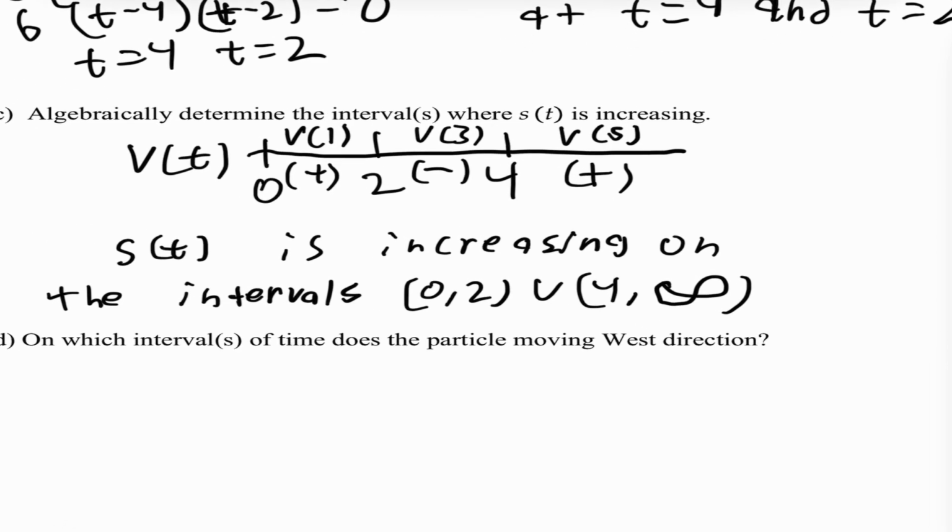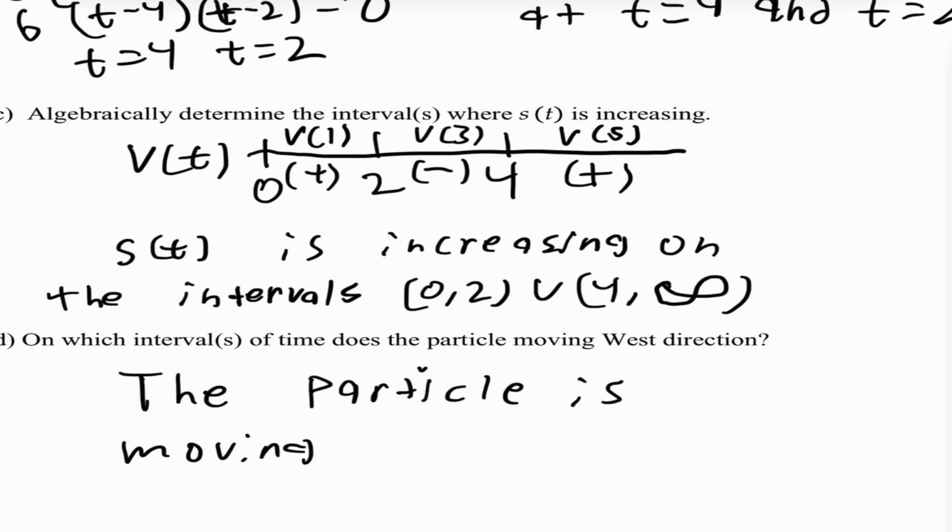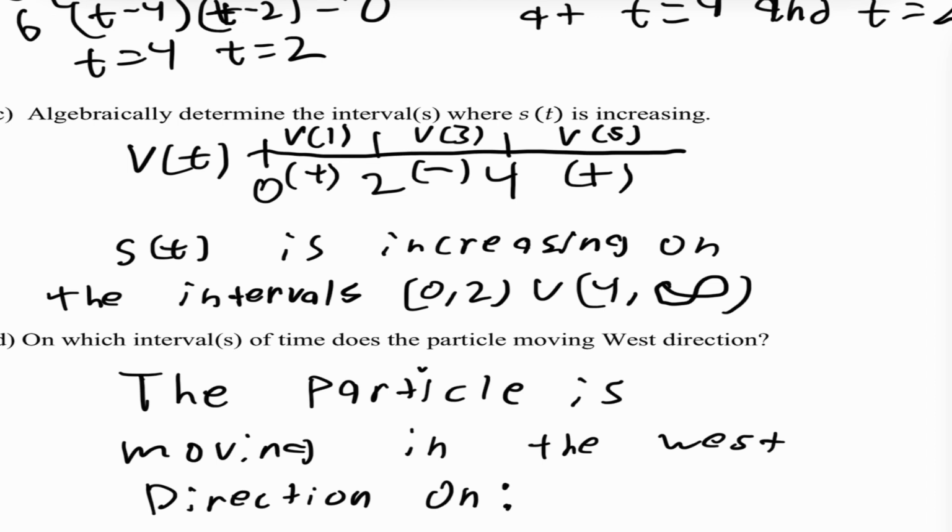And if we go to our intervals, negative is between 2 and 4. So the particle is moving in the west direction on 2 to 4.